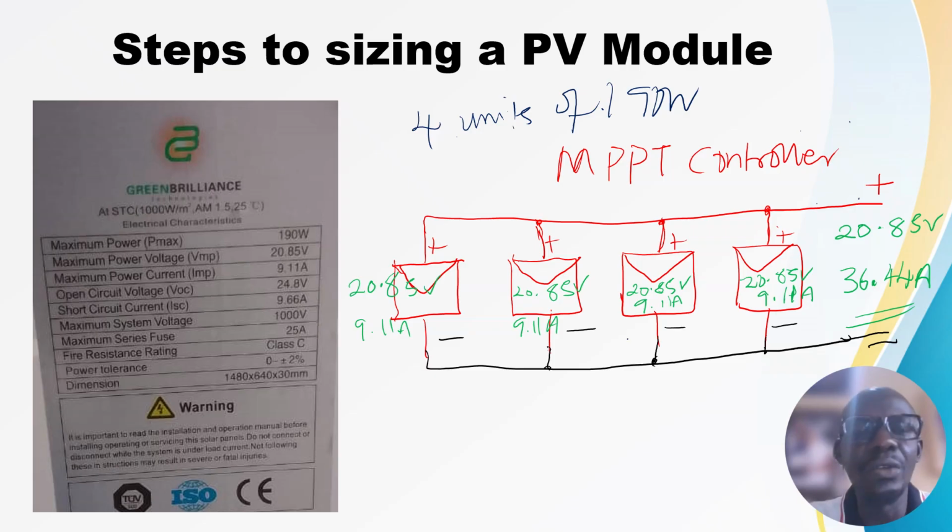The MPPT will know when your battery system requires more current and when it requires more voltage. Intelligently, the MPPT controller does that. So for this design, I would say just use an MPPT.